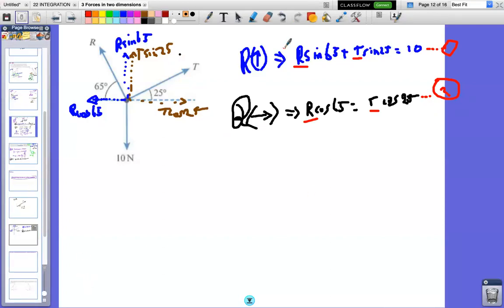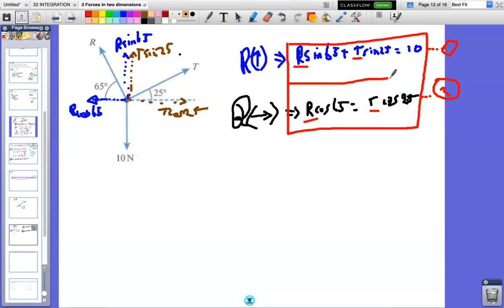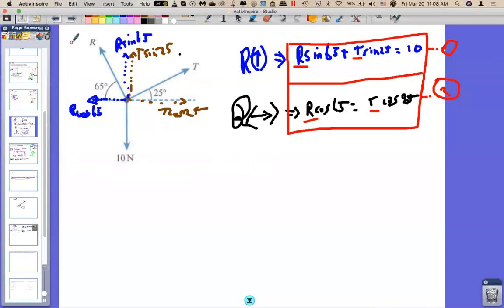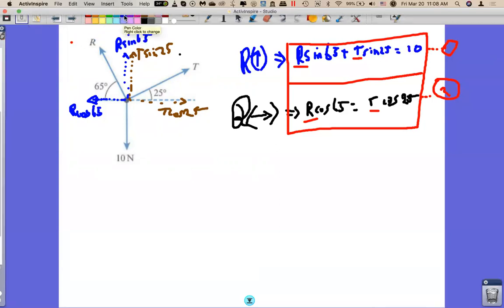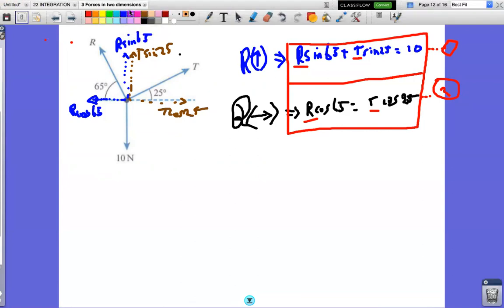But it's going to take a bit of work to solve these two equations. It's going to take some time and a lot of work. So in today's class, we are trying to see an alternative method we can use to solve this problem more easily instead of forming these two equations.